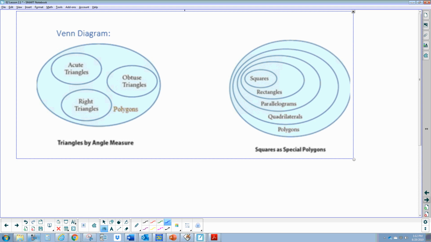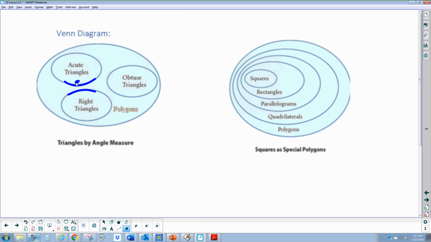So if we have an acute triangle, we do not also have a right triangle. Okay, so there's no overlap between these two. A triangle is either acute, it's a right triangle, or it's obtuse. Okay, it will not be all 3 of those, or even 2 of those. It will only be one.